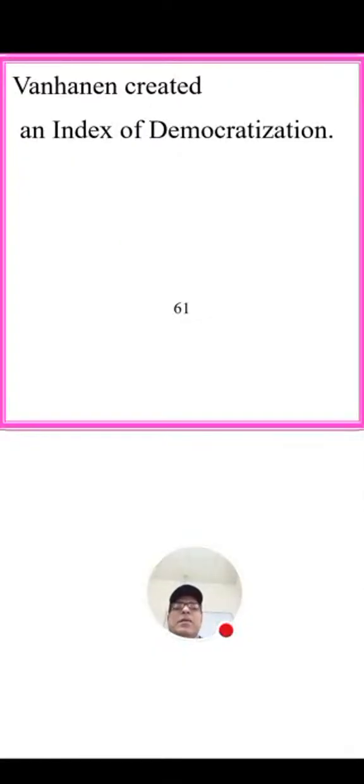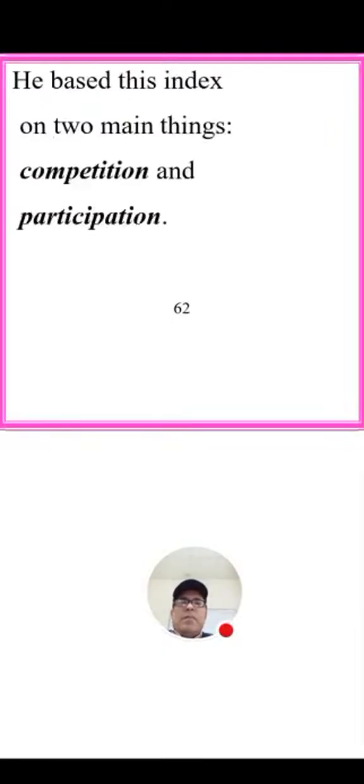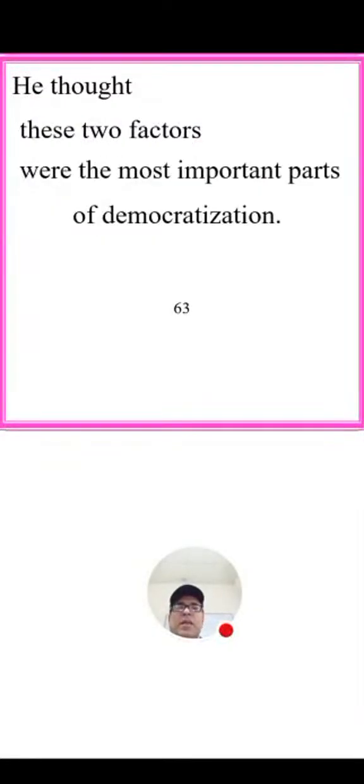Van Hanen, another scholar of democracy, created an index of democratization. He based this index on two main things. Van Hanen thought these two factors were the most important parts of democratization.